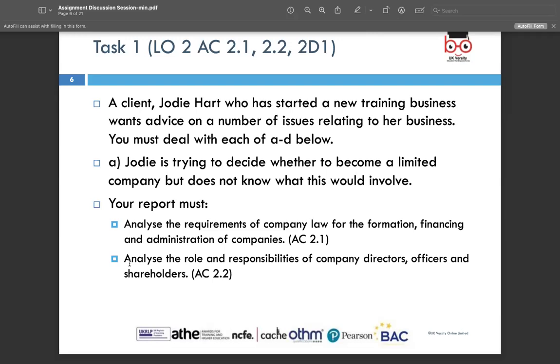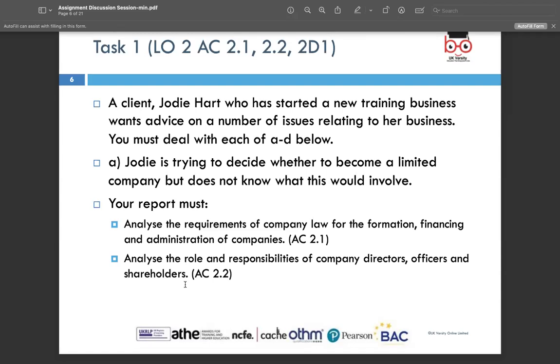The next requirement is to analyze the role and responsibilities of company directors, officers, and shareholders. 2.2, again learning outcome one.